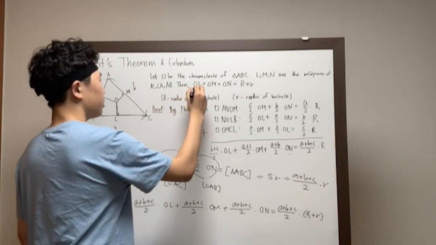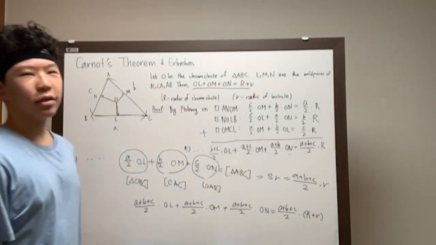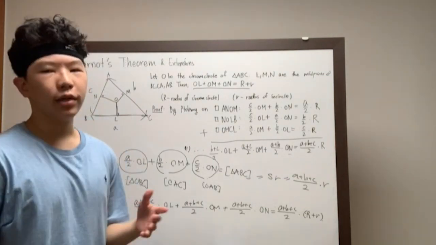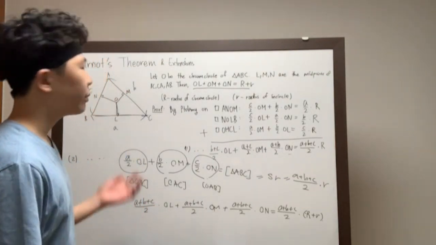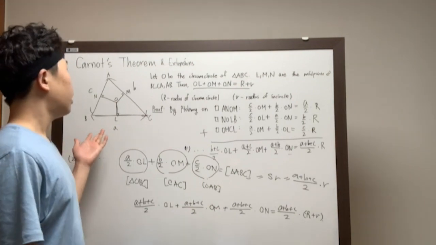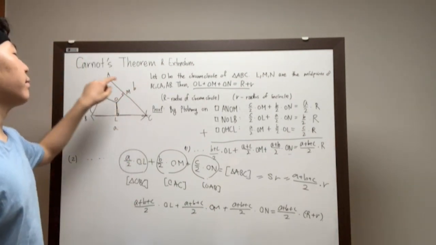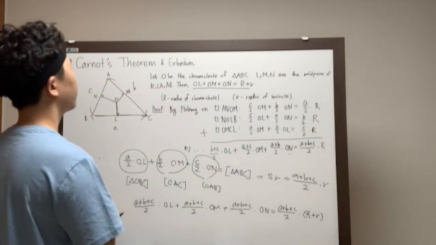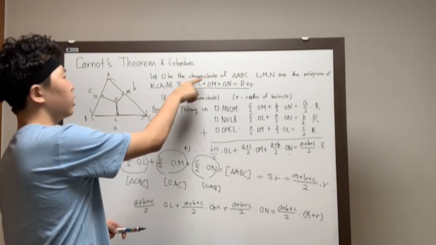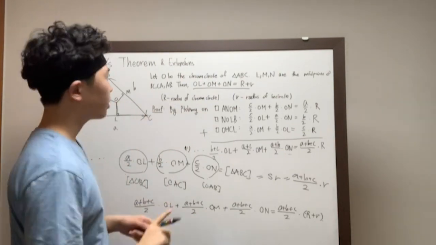So now that I have proved this equation, let's go on with some extensions and some other cases of Carnot's theorem. Because first of all, I only gave the proof for when it was... wait, give me a sec.